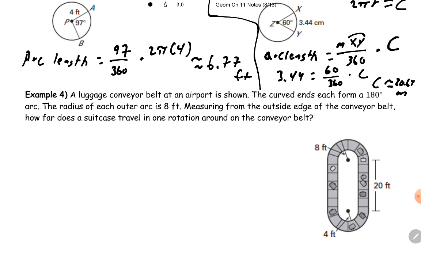So they tell you that these are 180-degree turns, or 180 degrees, the arc measure. So that means these are semicircles or half circles. So we need to find half the perimeter.